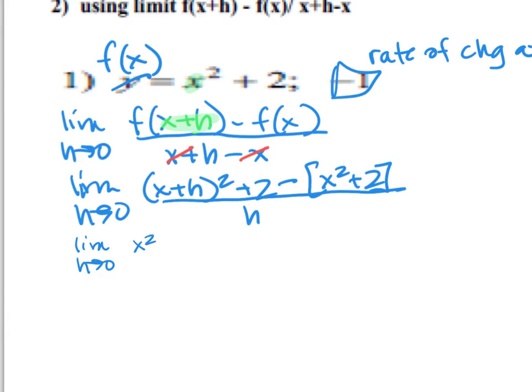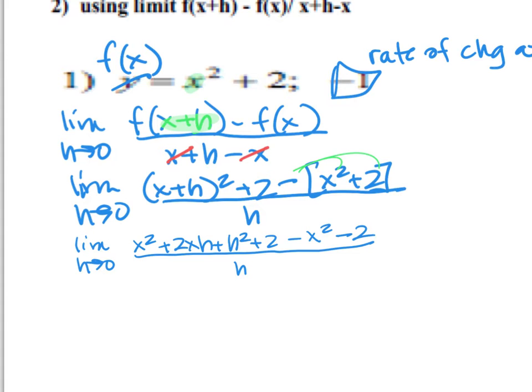When we expand out the x plus h squared, this is what we get. And then this one right here, we're distributing that negative, so we get -x squared minus 2, and again, this is all over h.